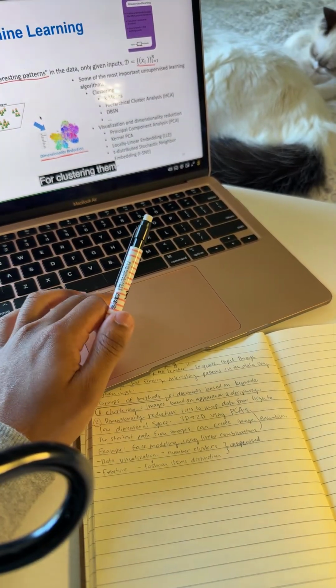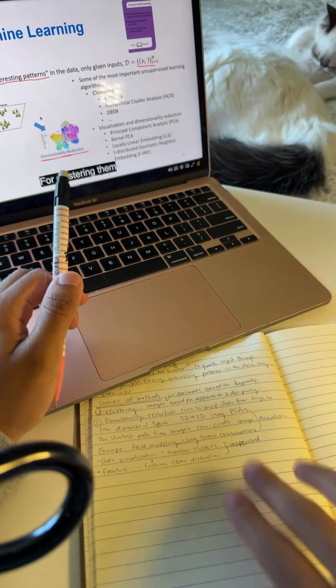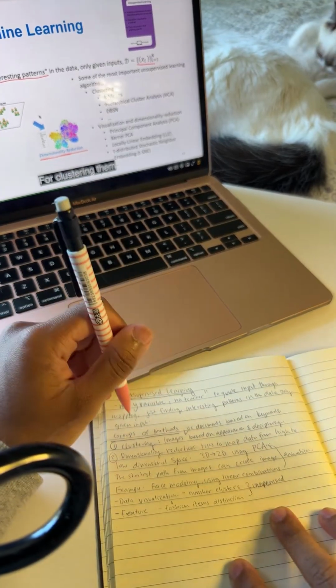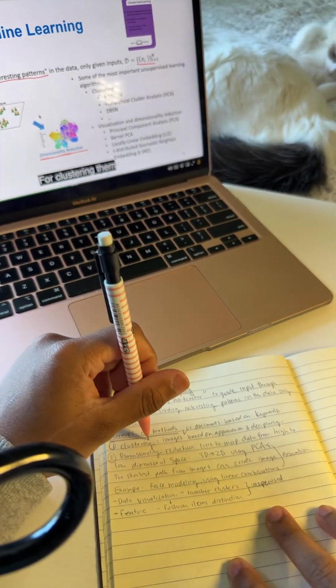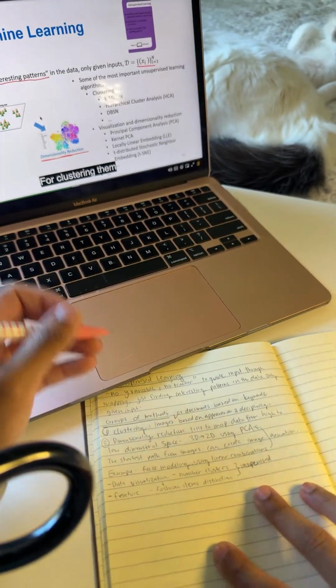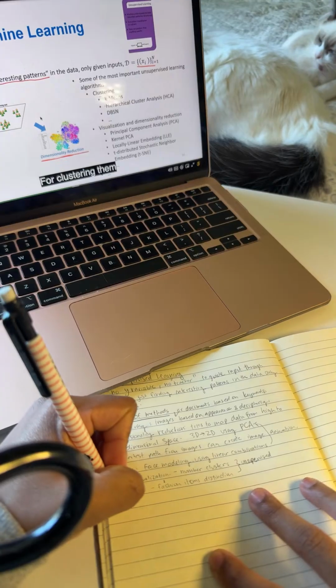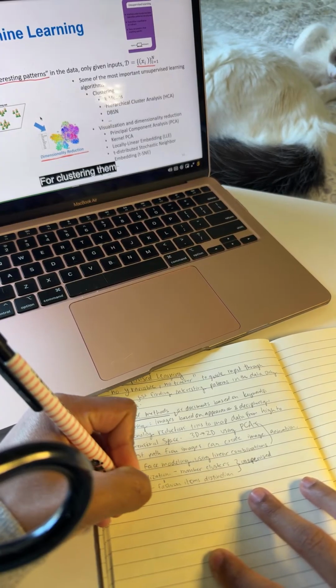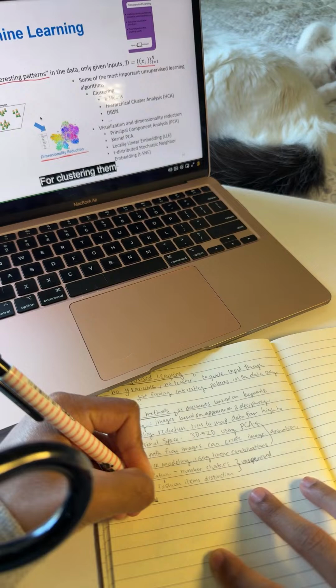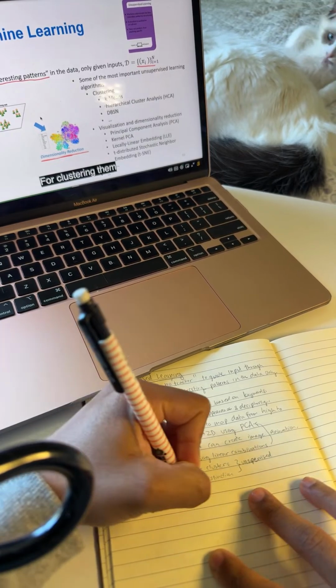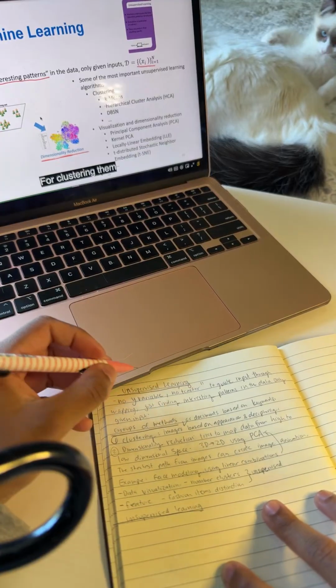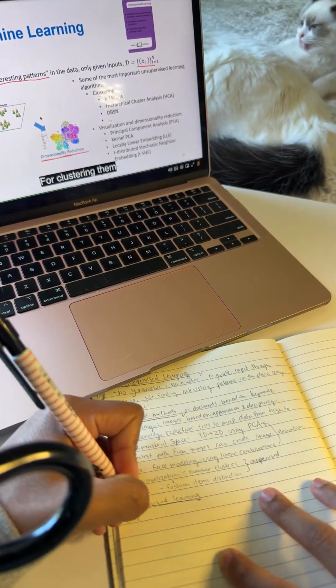So for clustering, then, okay. Unsupervised learning. I'll just put that here, but there's clustering.